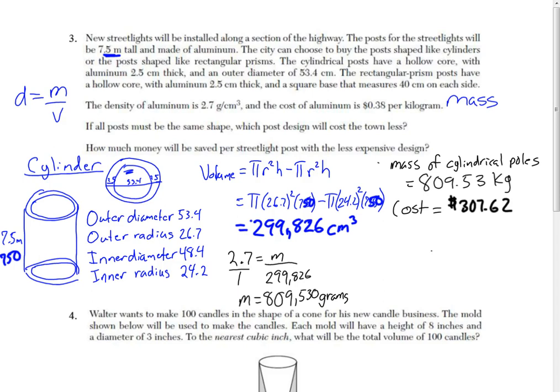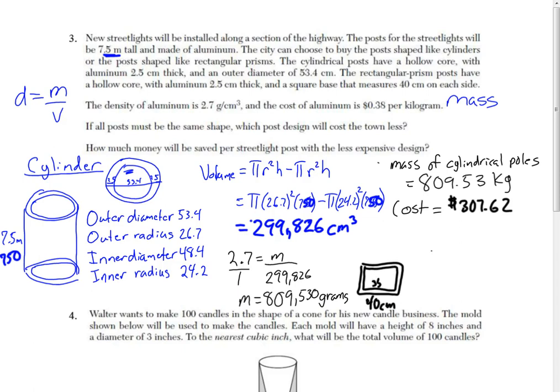All right, now we need to do the same thing for the rectangular prism. The rectangular prism also has a hollow core, but this one has a square base. So the square here is in the base, and it's 40 centimeters on each side. And it's 2.5, so for this internal one, we're going to subtract 5 from this.